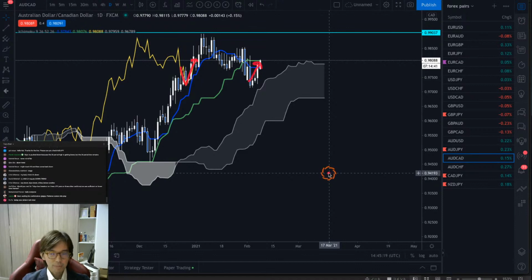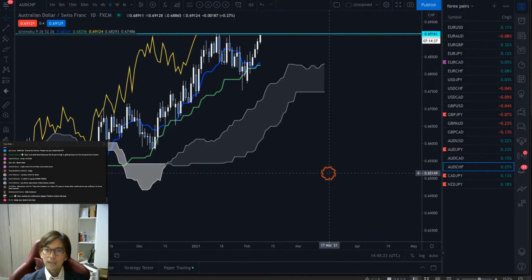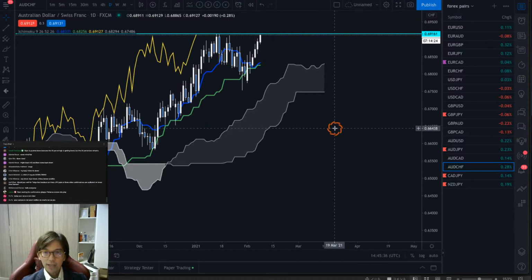But I won't take any trades because it's flat ranging. And yeah, AUD CHF is technically still ranging because it's still in the P wave. But on this one, I still expect the market breaks upwards this way.